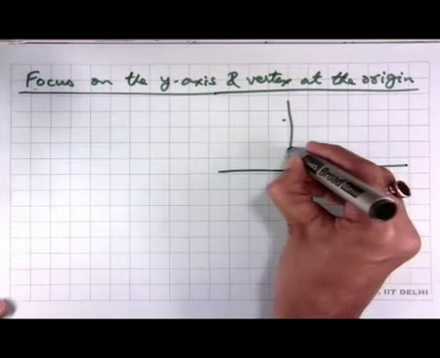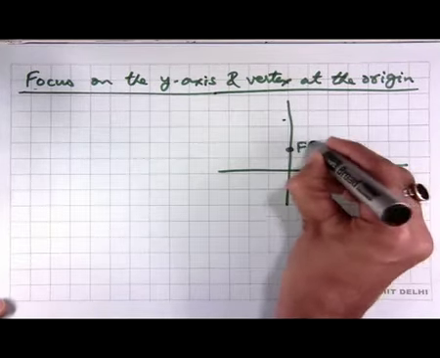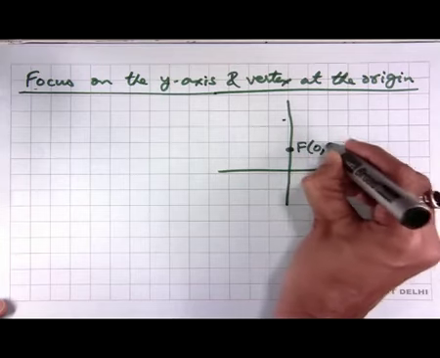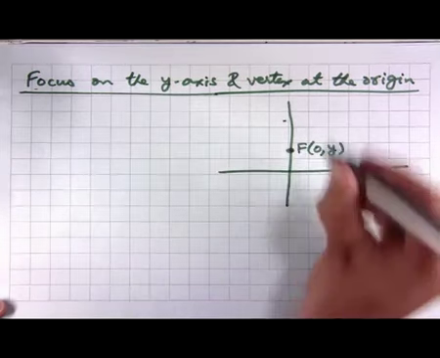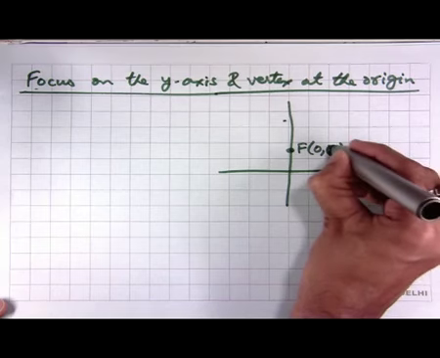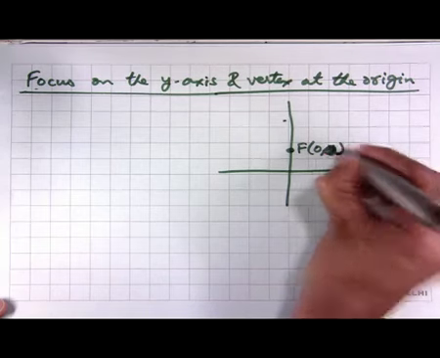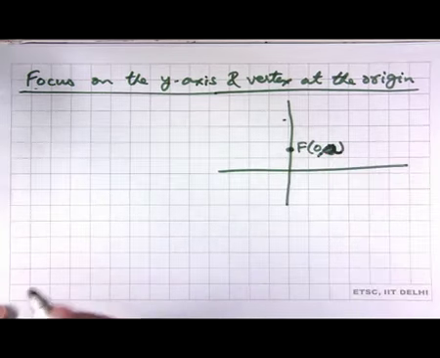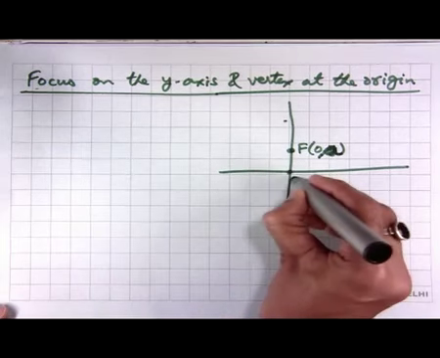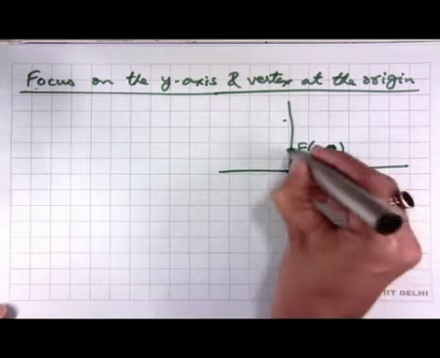So, suppose focus f is on the positive y axis, 0 comma a, and vertex is at the origin, then what is the directrix?